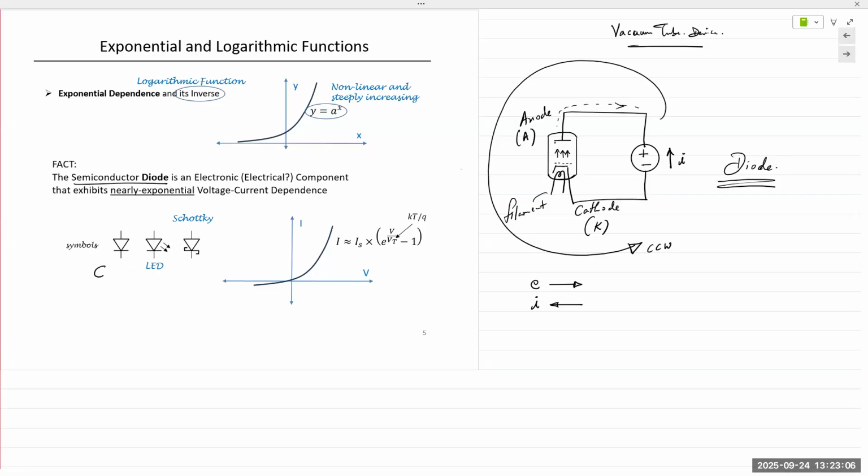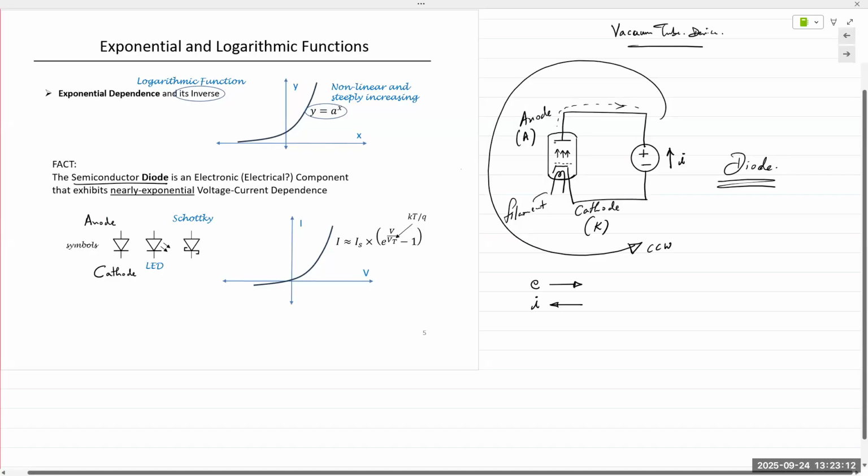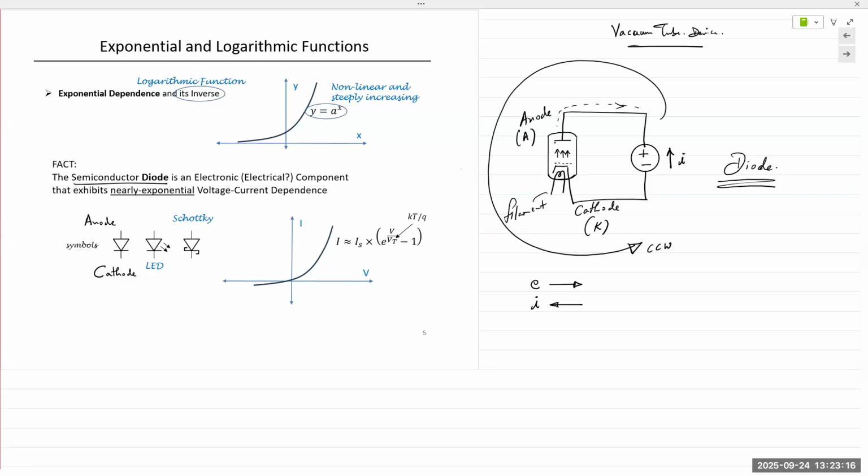This end is the cathode. This end is the anode. And on real life diodes, if you look at the tiny cylinder packaging, there is a band that runs around the periphery. That band is closer to one terminal than the other.